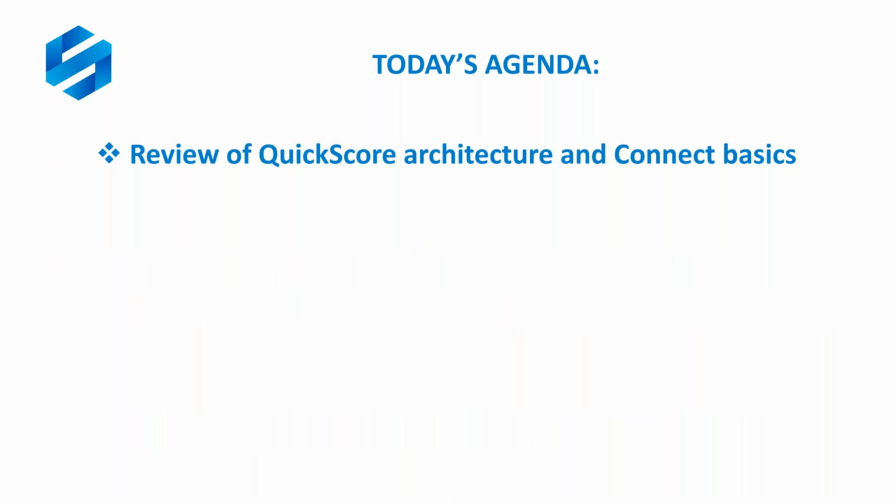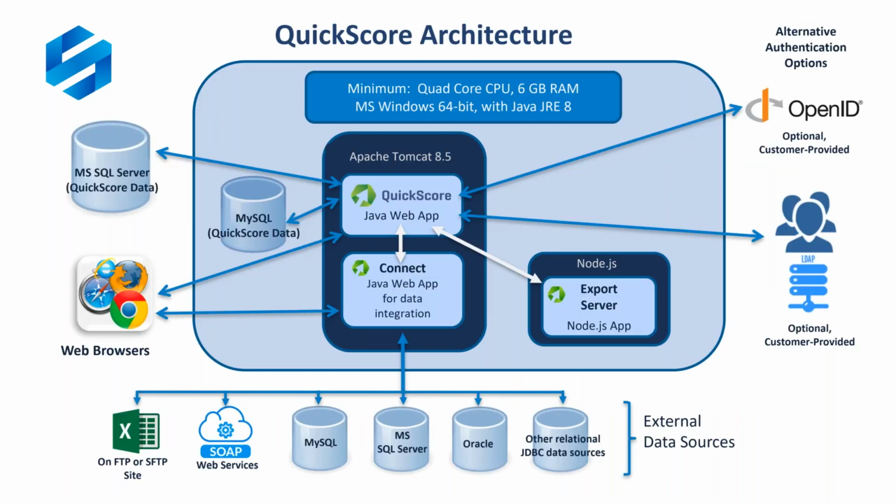So to agenda item number one, a brief review of the QuickScore architecture and Connect basics. Hopefully you're ready for this. I'm going to provide you with a visual overview of the QuickScore architecture. I know there's a lot on the screen right here. Hopefully those of you that are existing customers and partners are already aware of the overall architecture of QuickScore.